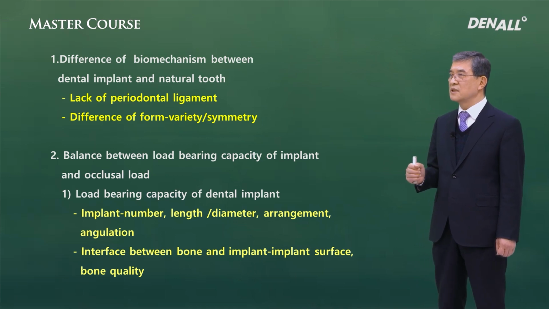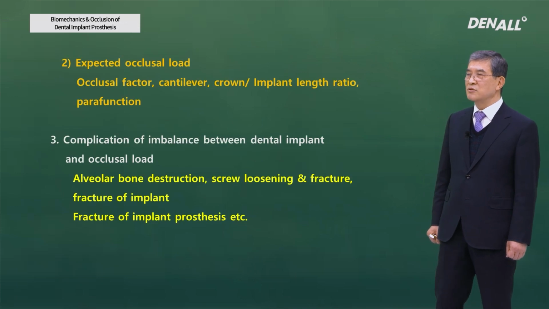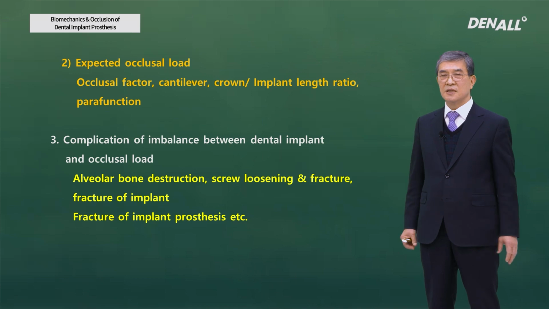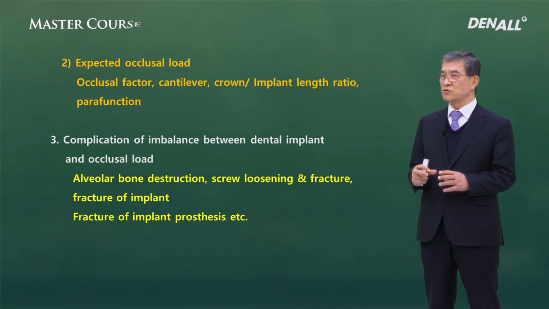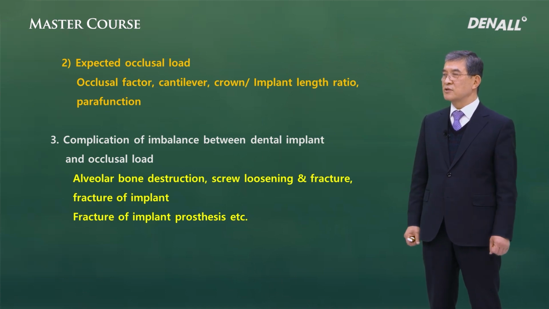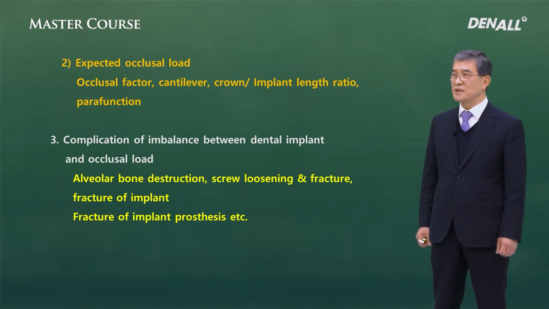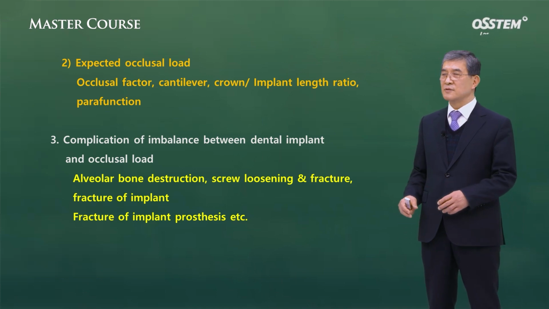In terms of reducing expected occlusal force, as occlusal factor, you can reduce occlusal taper, and you need to try to avoid cantilever design. Crown-to-implant ratio should not exceed 1:1. You need to check if the patient has parafunctional habits. You need to consider various factors so that no excessive force is applied on the implant prosthesis.